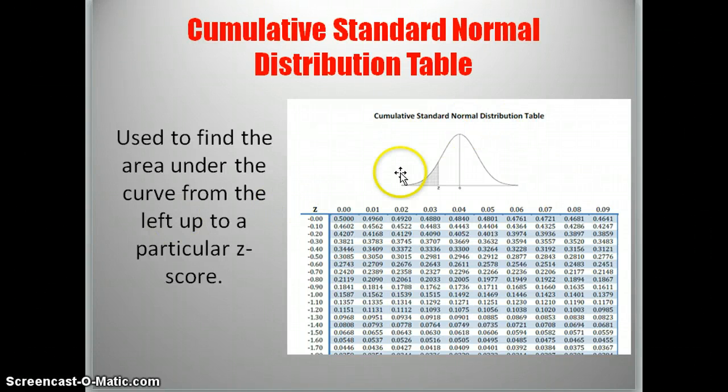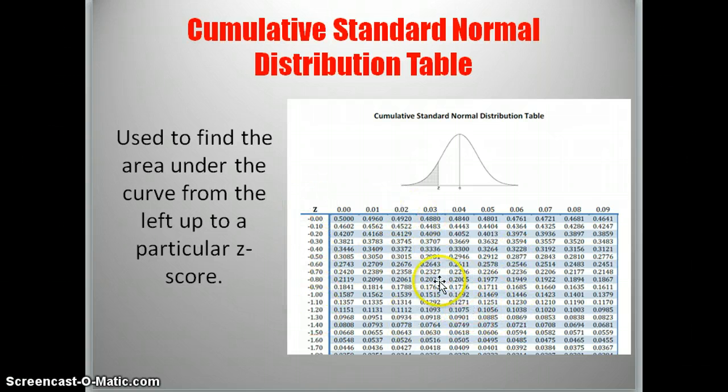So this picture here demonstrates what these values in the table are representing. Here you have a standard normal curve. Your mu is 0 right in the center, and here's some Z-score that is drawn for you. The shading shows the area up to that Z-score, to the left of that Z-score. Those are the values that are represented here.